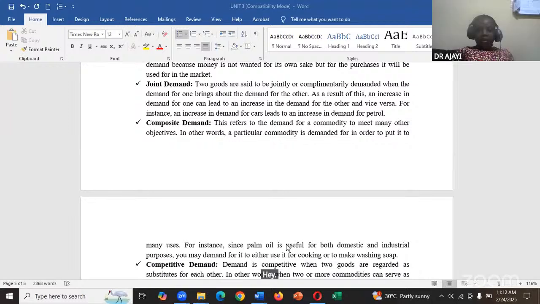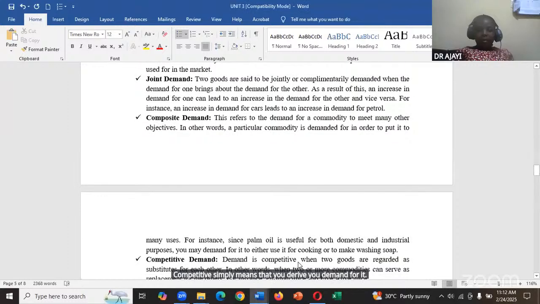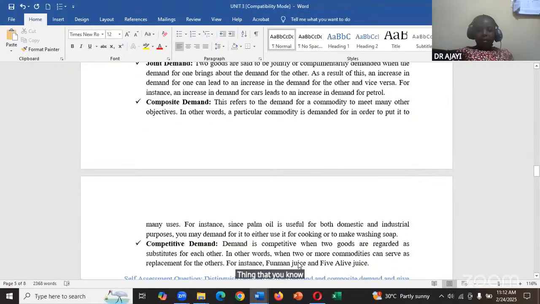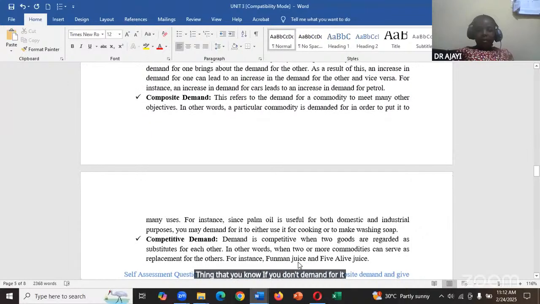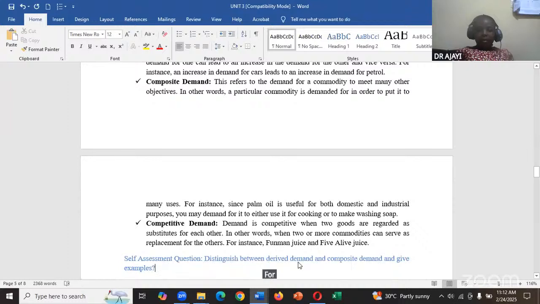The last one here, when we talk about competitive demand, competitive simply means that you demand for a thing that if you don't demand for it, you could as well go for another one. For instance, you demand for Milo. If your demand for Milo is not effective, you could as well go for Bonvita.